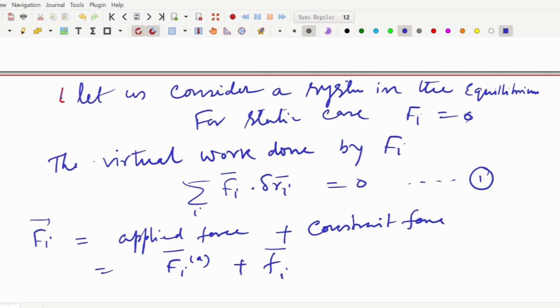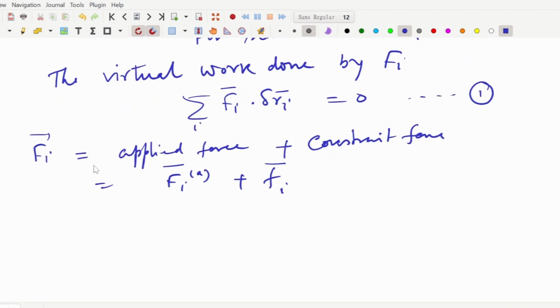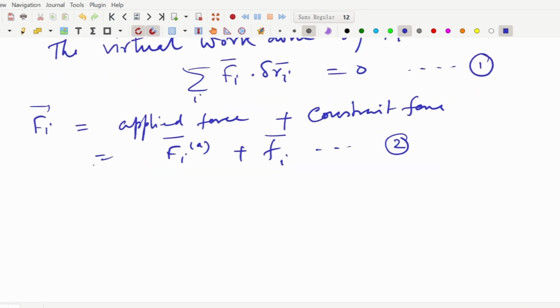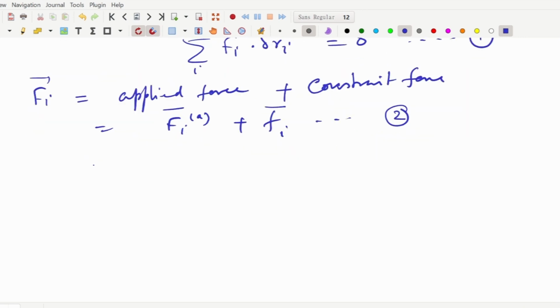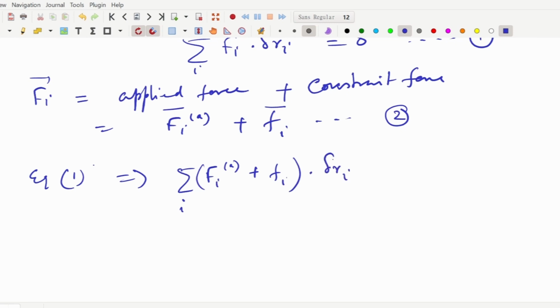So this force can be the applied force or the force of constraint. We denote this by, say, equation 2. And if we substitute equation 2 in equation 1, then equation 1 now implies that the sum over i of Fi applied plus fi, dotted with the virtual displacement delta ri, and all are vectors so we should not forget putting the vector sign, will be equal to 0.